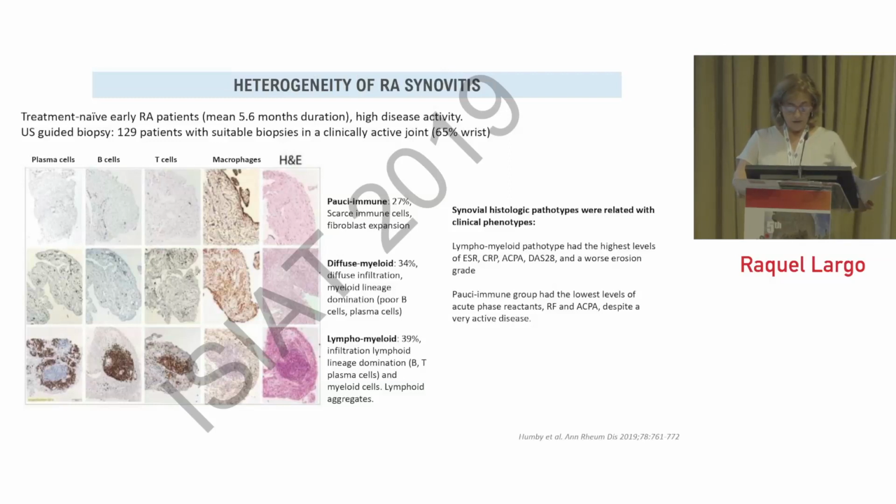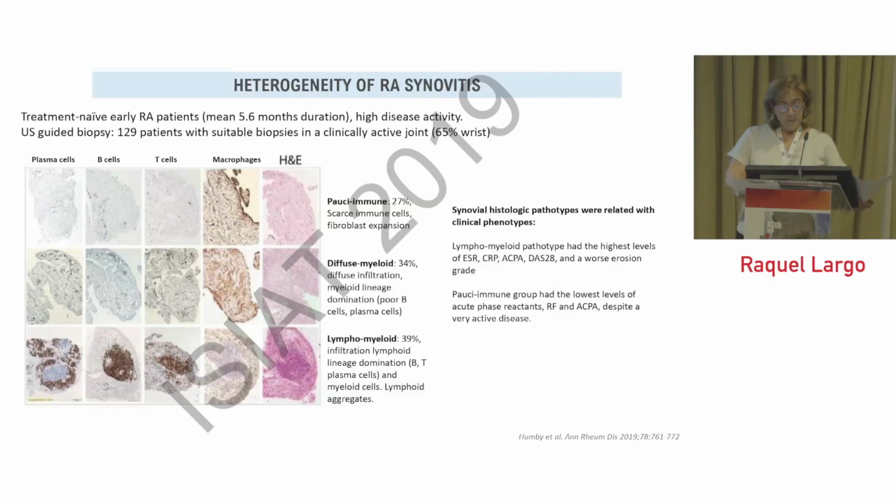The lymphomyeloid pathotype is characterized by a high accumulation of plasma cells, B and T cells, and macrophages, mainly forming lymphoaggregates. Then the diffuse myeloid pathotype, where plasma cells and T cells are present, with a poor presence of B cells, but also macrophages, and the structures formed by these cells are diffuse and not structured as in the lymphomyeloid.